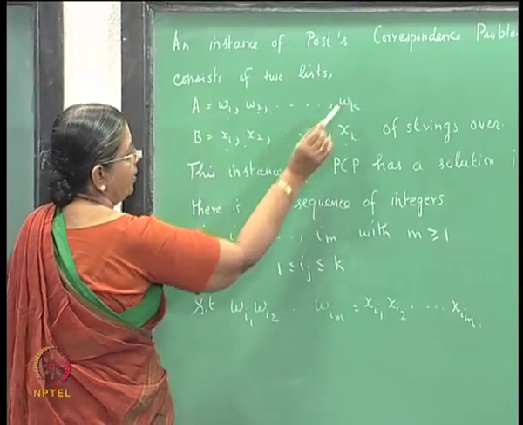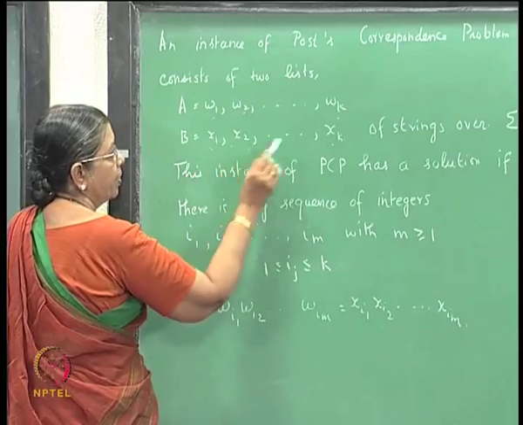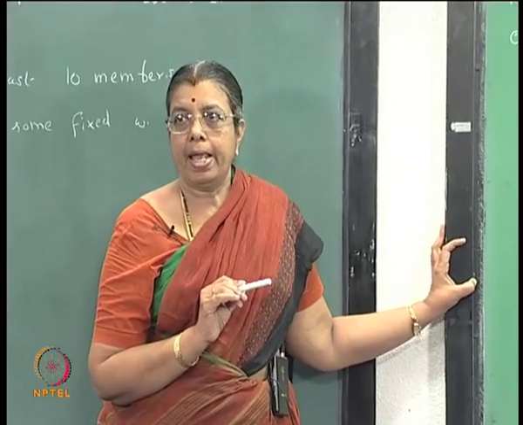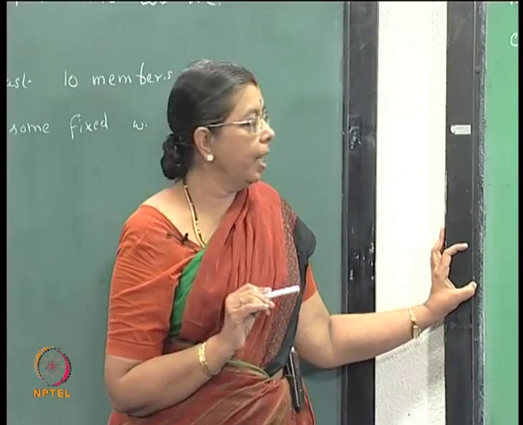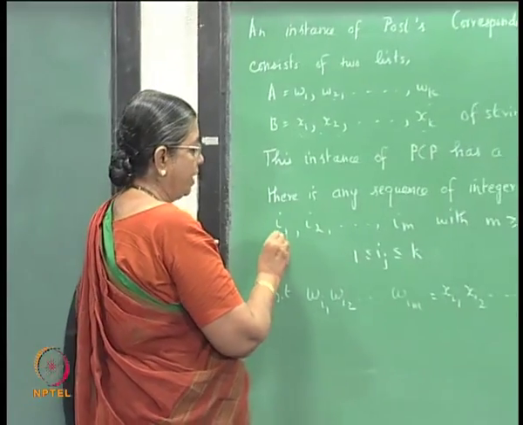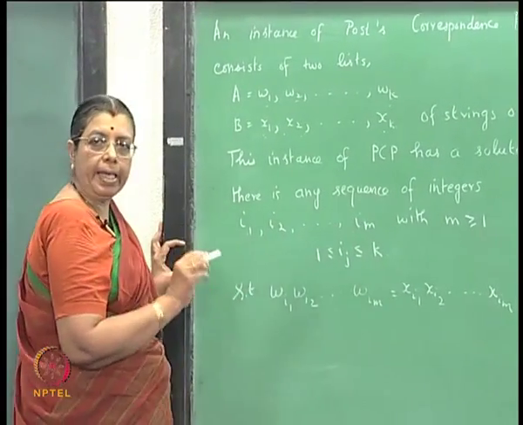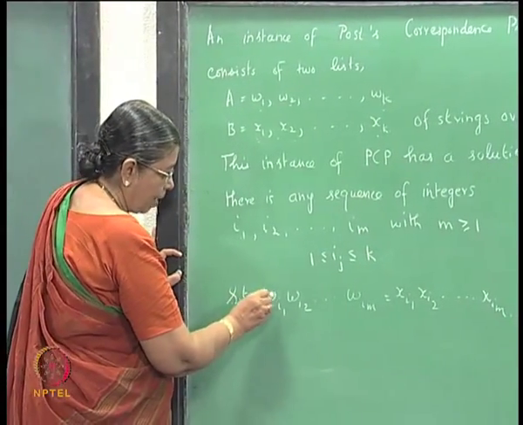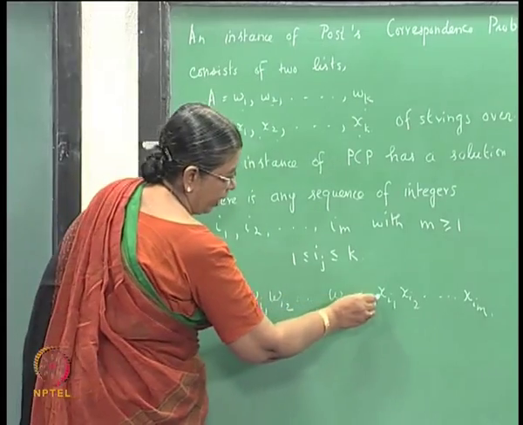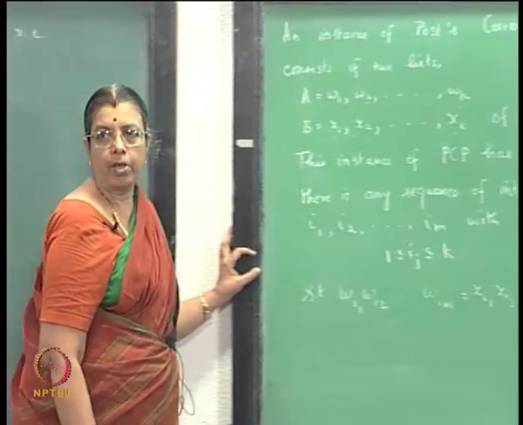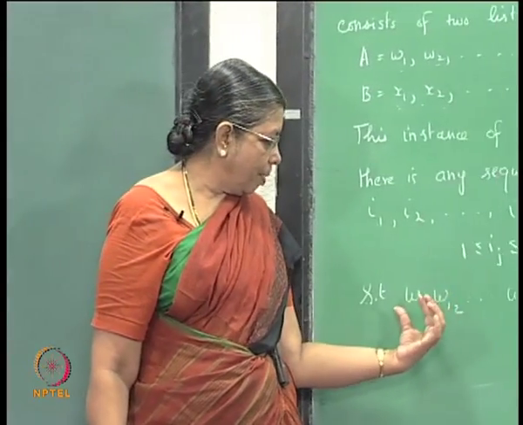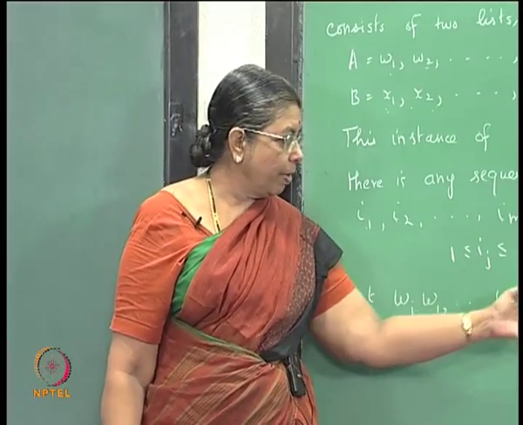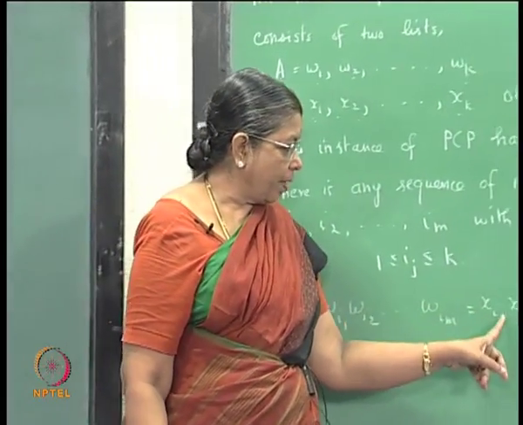You have 2 sets of strings W1, W2, Wk, and x1, x2, xk. This particular instance of PCP has a solution if you have a sequence of integers i1, i2, im, each between 1 and k, such that Wi1 Wi2 Wim is equal to xi1 xi2 xim. You concatenate them in this order, and the string formed is equal to the string formed from the x strings.